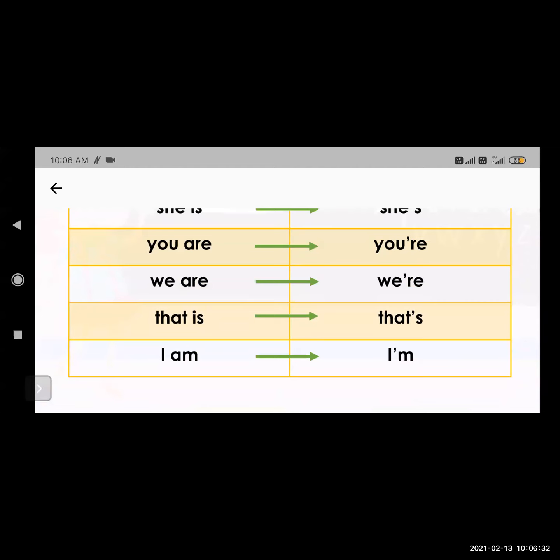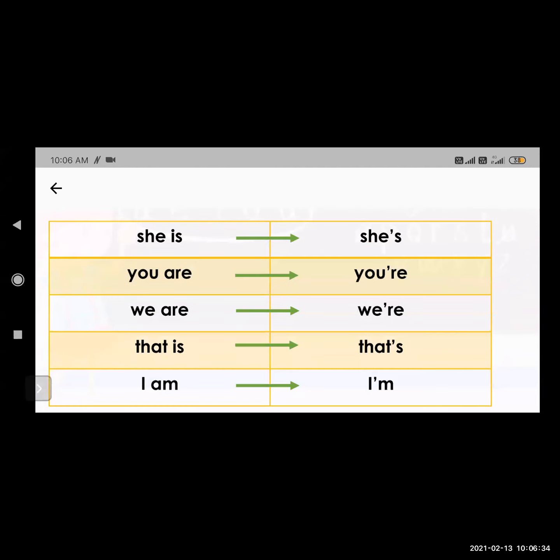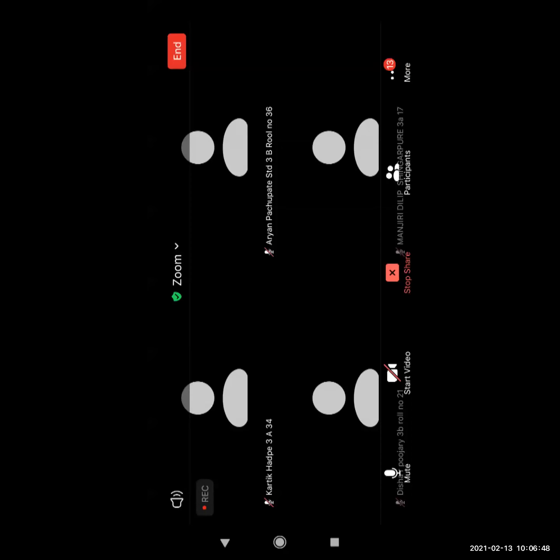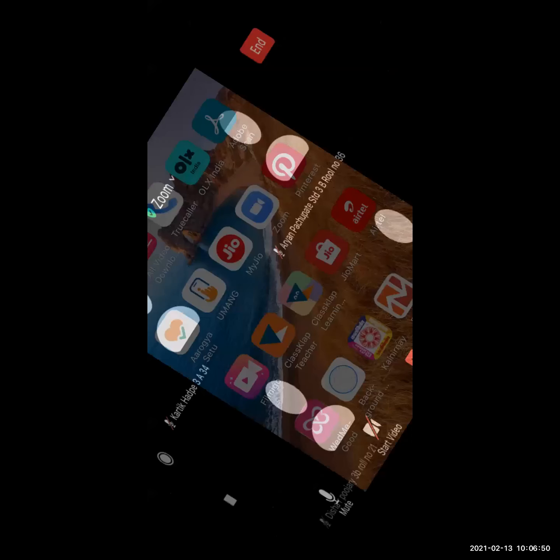In this way, students, if you see here, she is, what is removed?